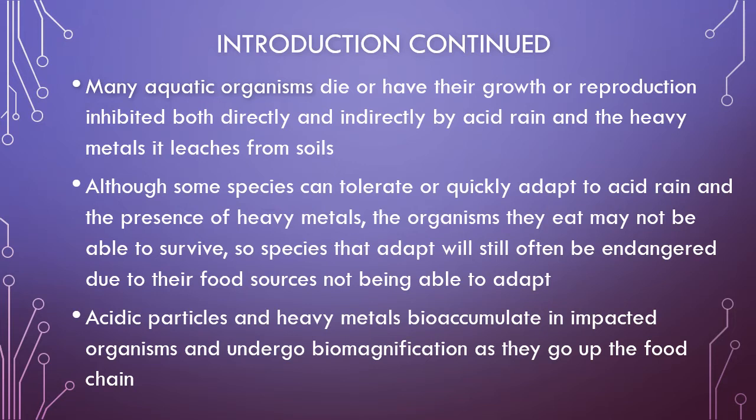Acidic particles and heavy metals also bioaccumulate in individual organisms and undergo biomagnification as they go up the food chain. Just a quick review of those terms, that basically means that organisms higher up in the food chain will have higher concentrations of acidic particles and heavy metals, and individual organisms will absorb these particles and heavy metals at a faster rate than they excrete them, which leads to accumulation of them in their bodies.